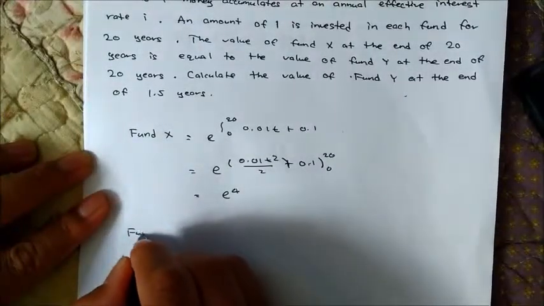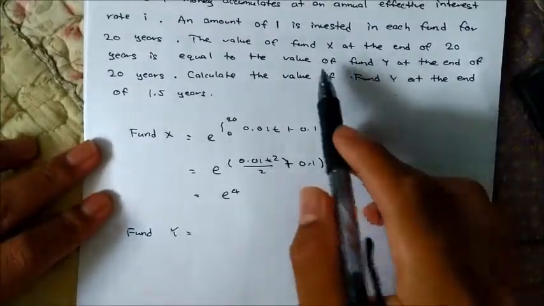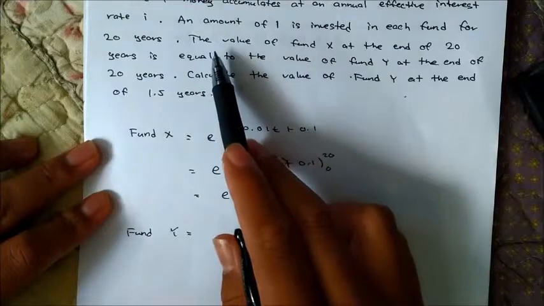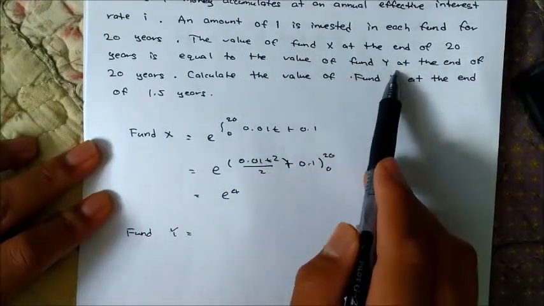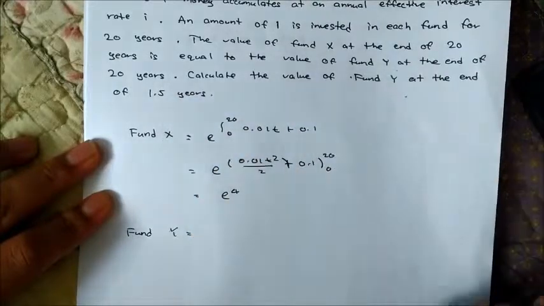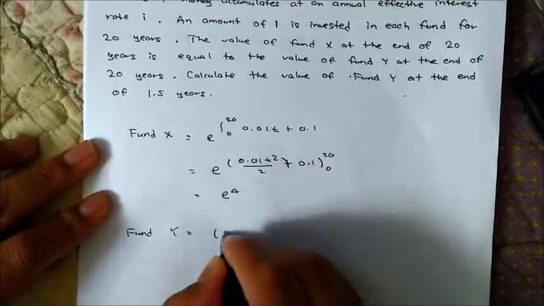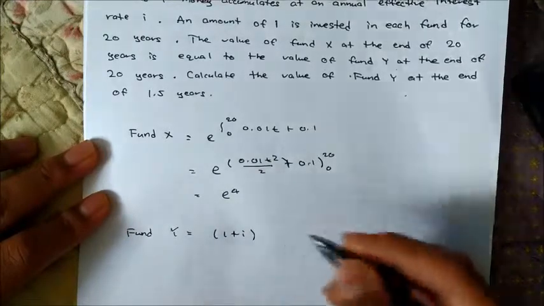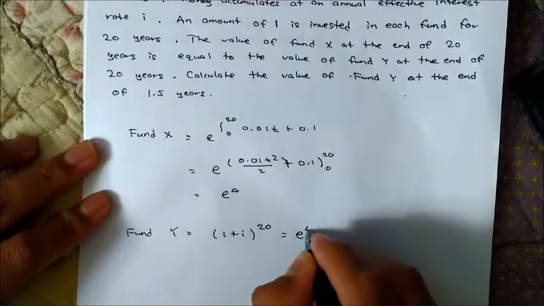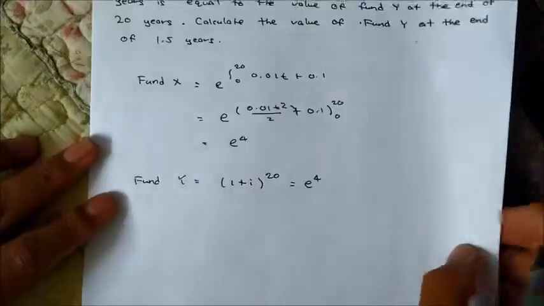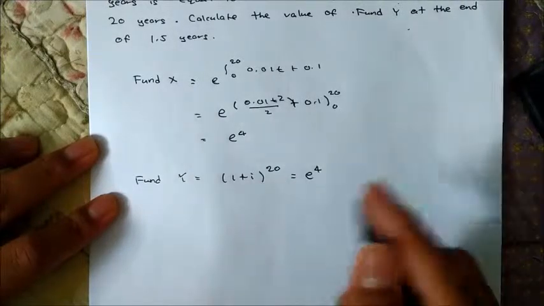For Fund Y, since the value of Fund X at the end of 20 years is equal to the value of Fund Y, we can create an equation: (1 + i)^20 equals e^4. From here, we can calculate directly the value of i.